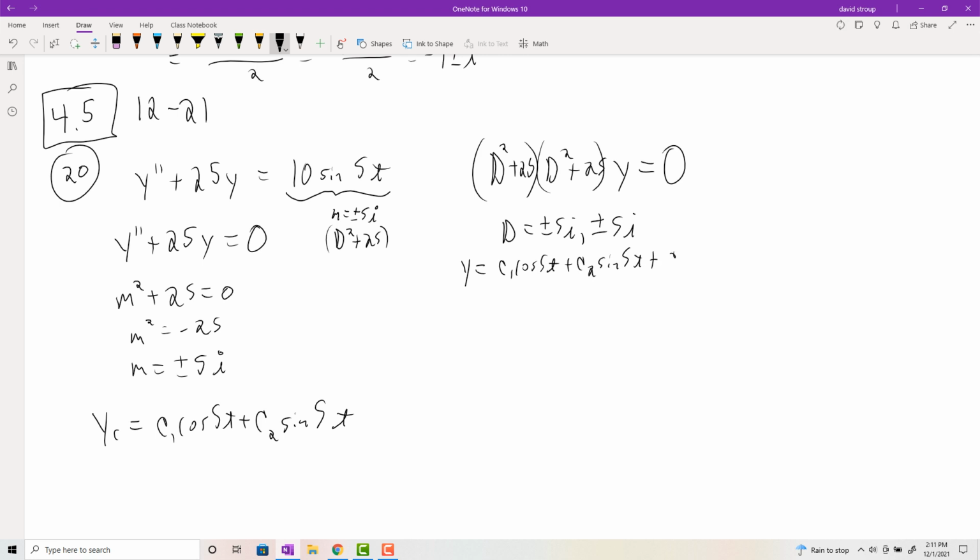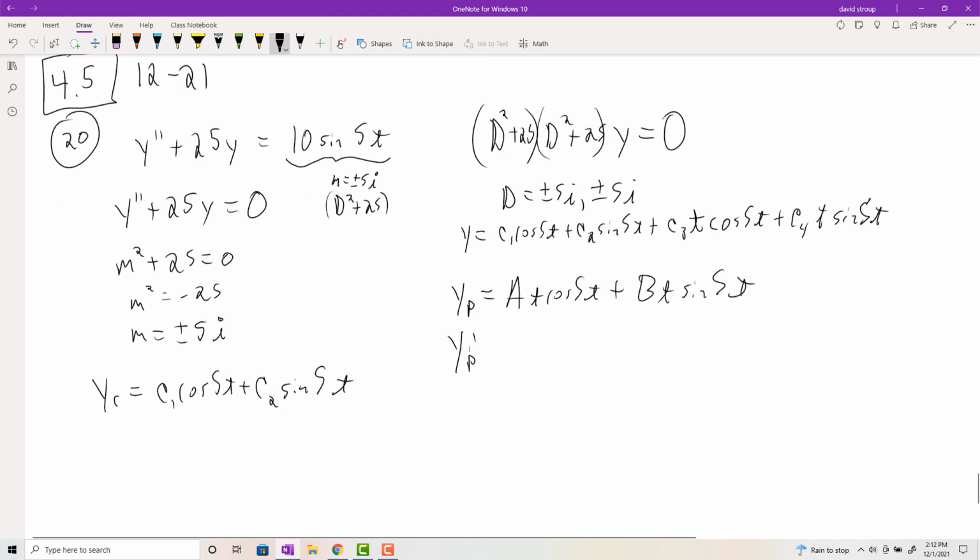So plus c3, and we need to tack in a t because of the repeated root: c3 t cosine 5t plus c4 t sine 5t. Okay. Then I'm going to replace the c3, c4 with a and b and form my potential particular solution. So this will be a t cosine 5t plus b t sine 5t. And then I could cruise through and get my information.